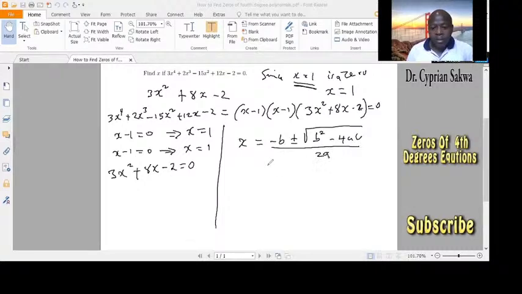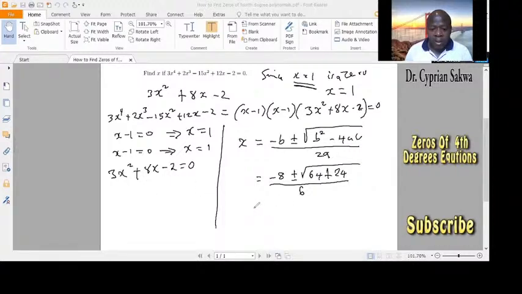Here b is 8, so negative 8 plus or minus the square root of 8 squared minus 4 times 3 times negative 2. So it becomes positive 24, over 2a, and a is 3, so 6.